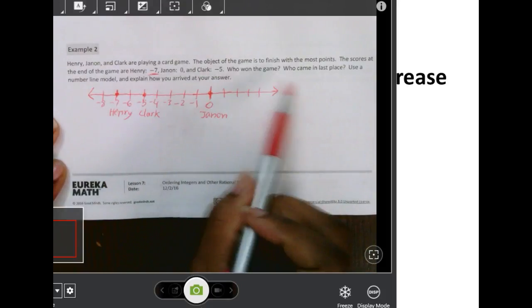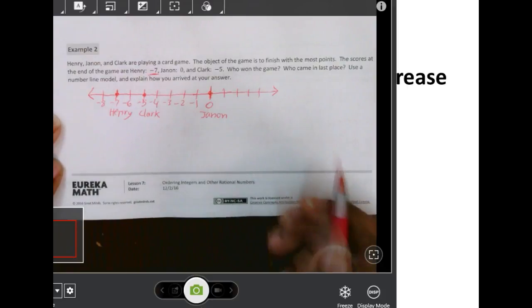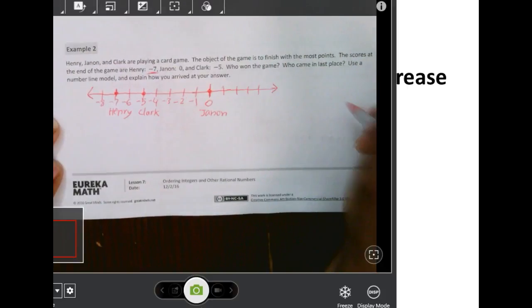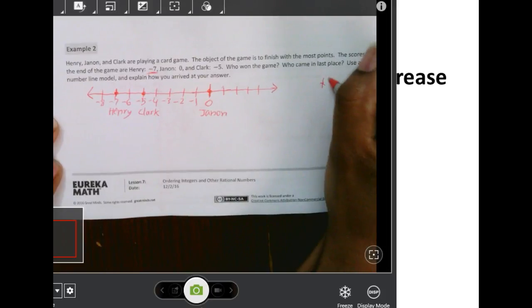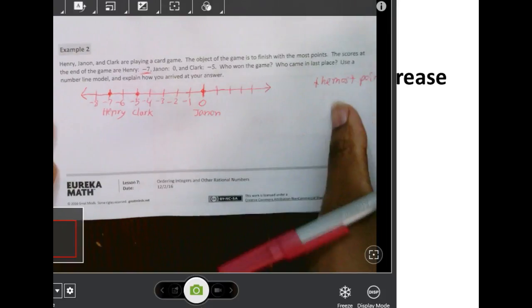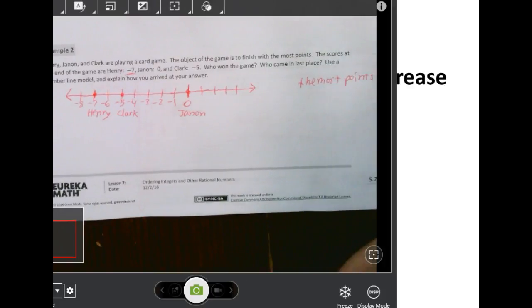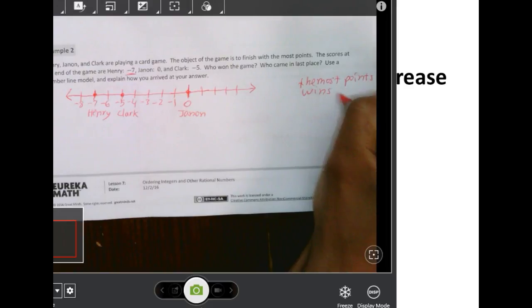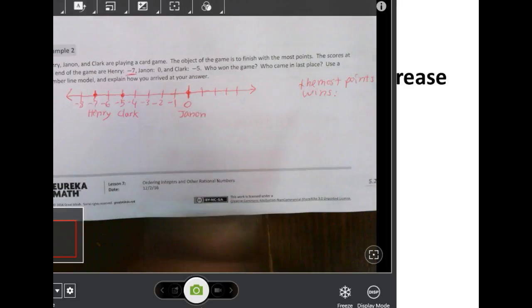So who won the game? What does that mean? That means who had the most points? The most points wins. And how do we determine who had the most points?